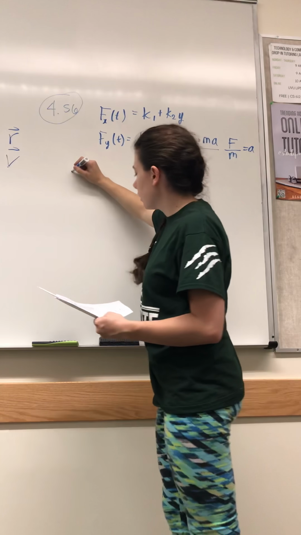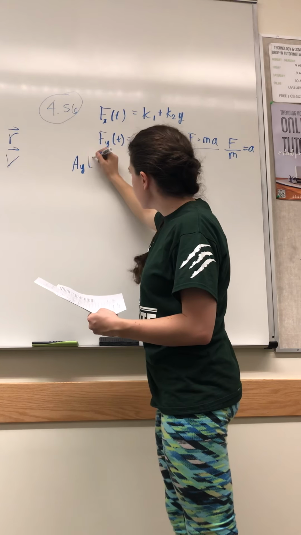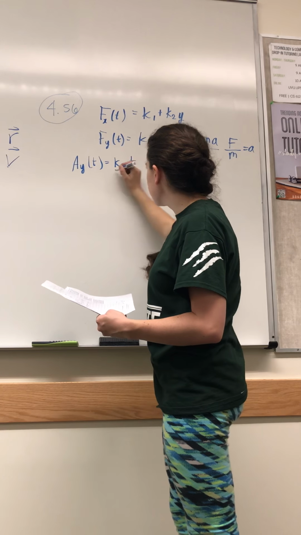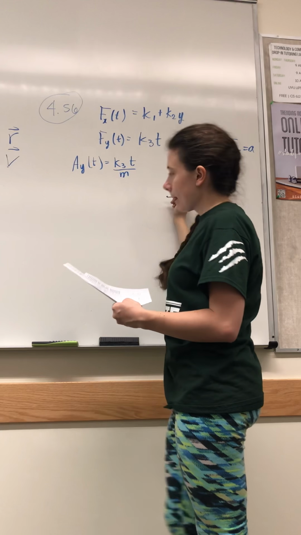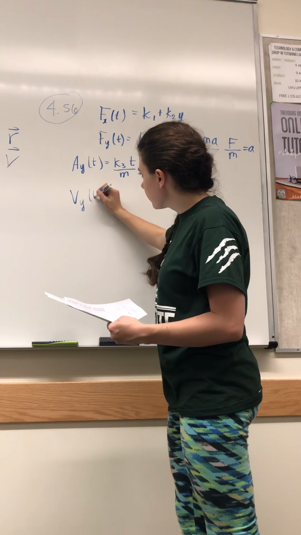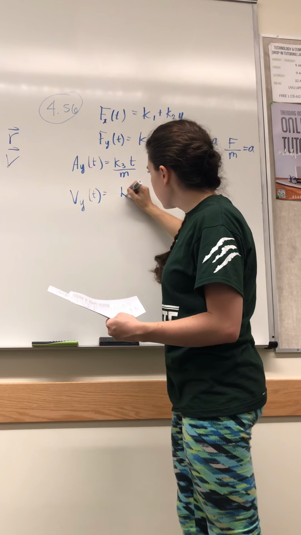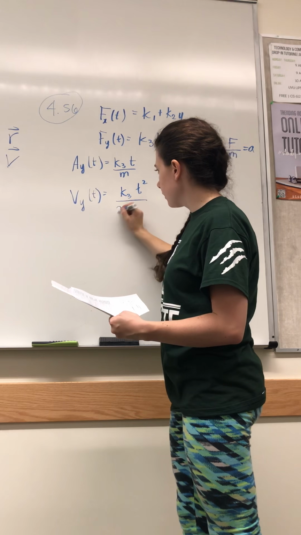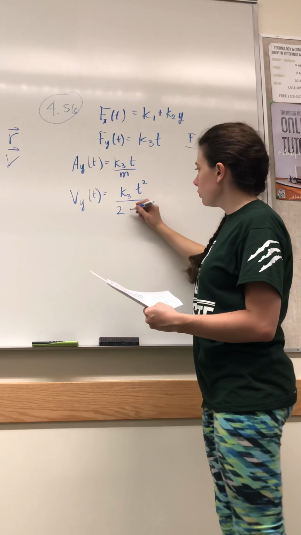So a_y(t) equals k3 t divided by m. Taking the integral, we get v_y(t) equals k3 t squared, and then we divide by 2m.